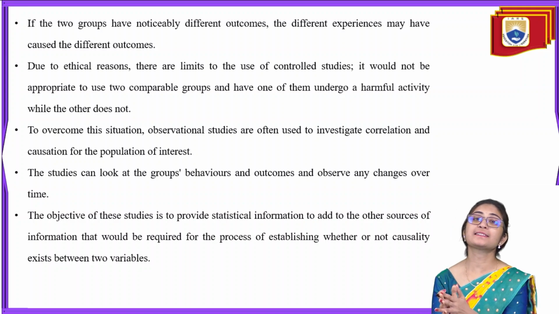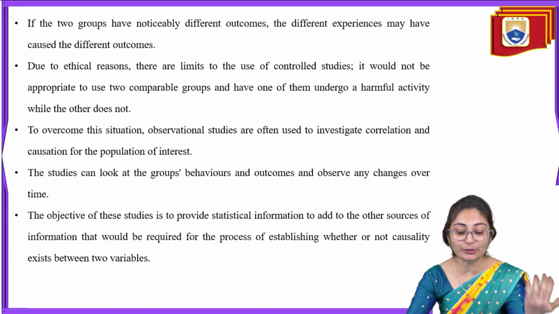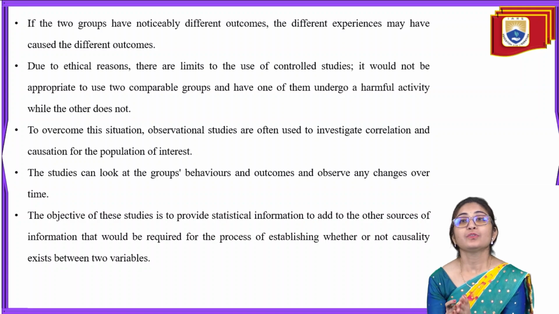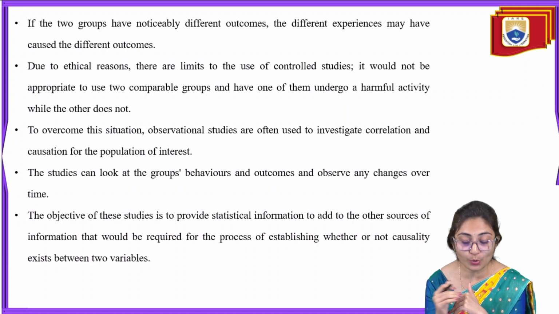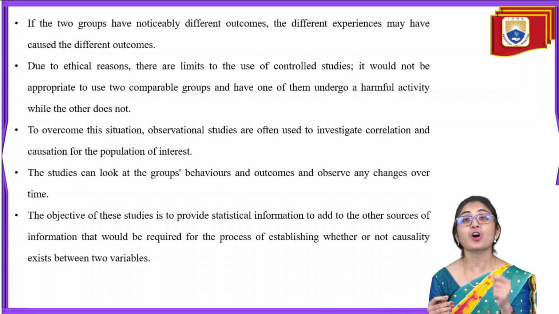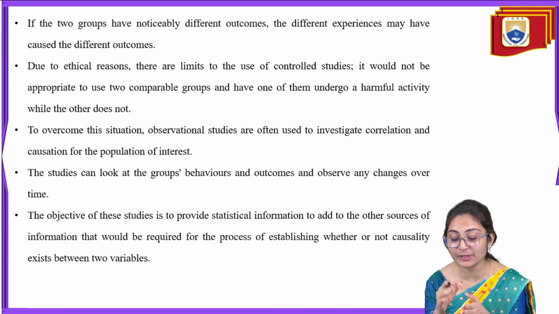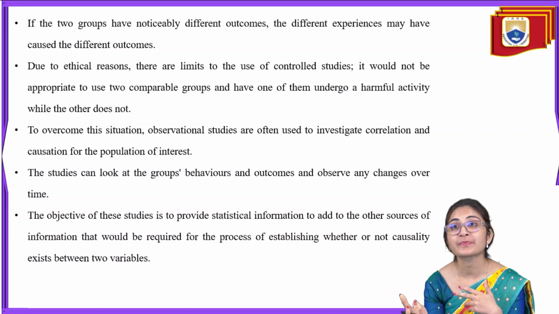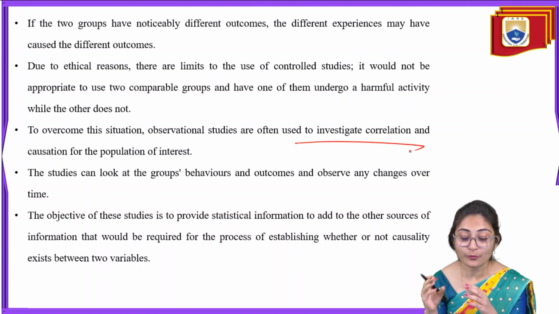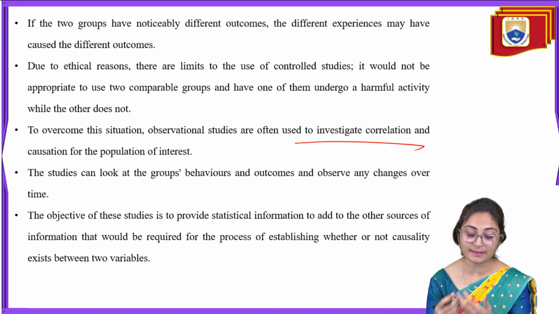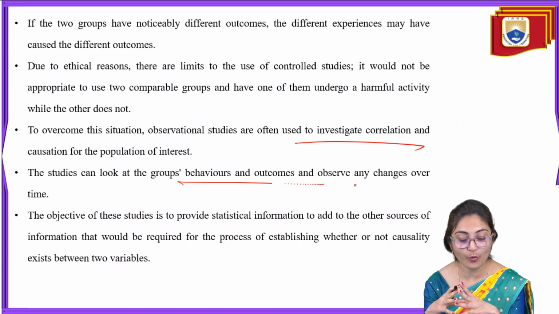Due to ethical reasons, there are limitations on using controlled studies. It would not be appropriate to use two comparable groups and have one of them undergo a harmful activity while the other does not. To overcome this situation, we can use observational studies for investigating correlation and causation in the population of interest. In these studies we can look at behavior and outcomes and observe any changes over time.